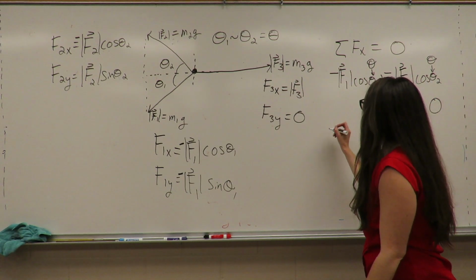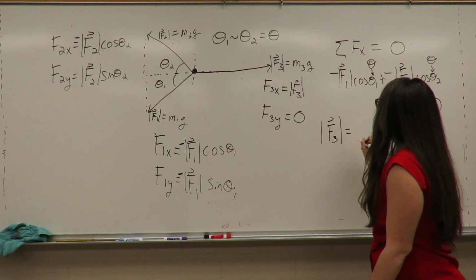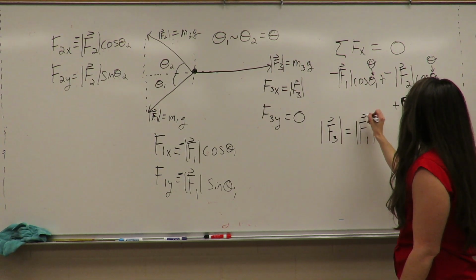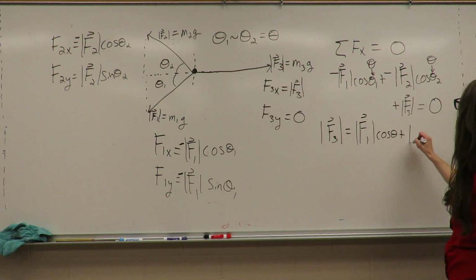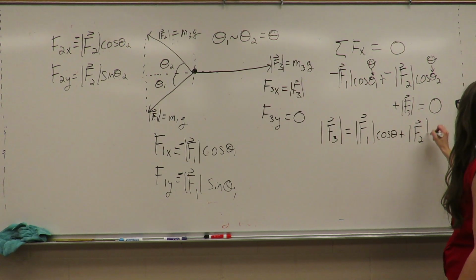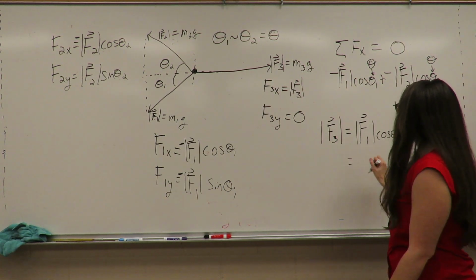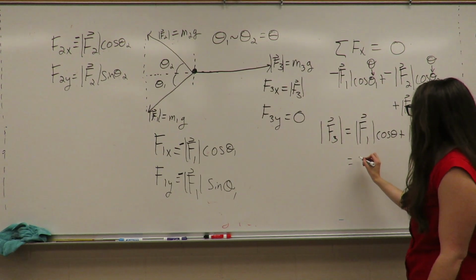So I have then the magnitude of F3 equals the magnitude of F1 cosine theta plus the magnitude of F2 cosine theta.